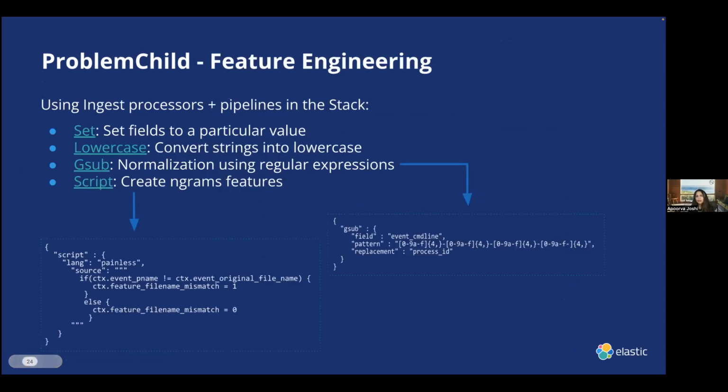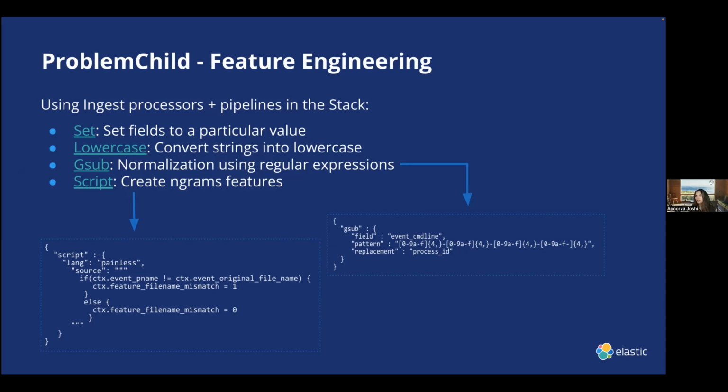And here's some of the pre-built ingest processors and custom script processors that we use for featurization and the data processing. So as you can see, we used the set processor to set fields to a certain value, something called lowercase and gsub to convert strings to lowercase. And one thing we end up doing pretty frequently when it comes to data processing is normalizing the data.